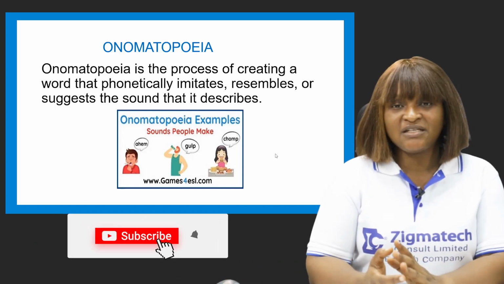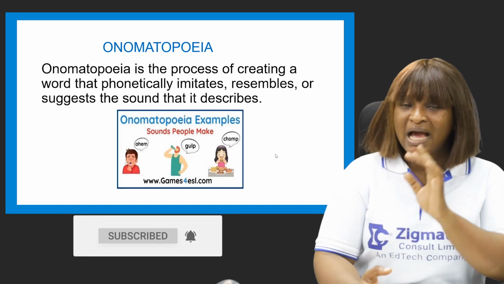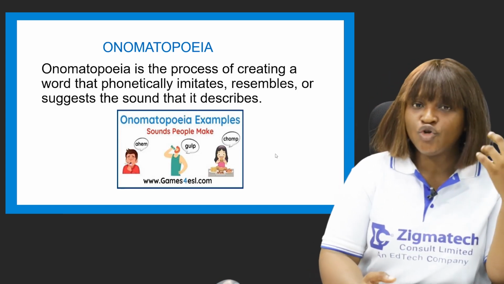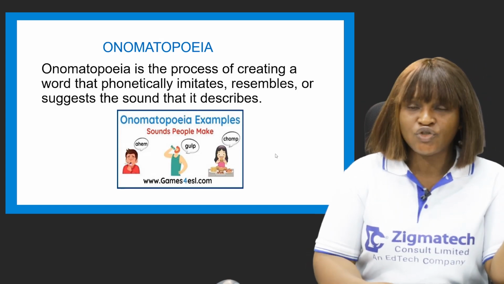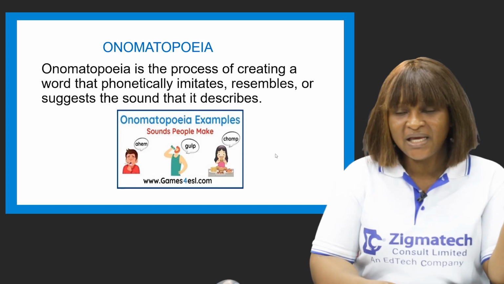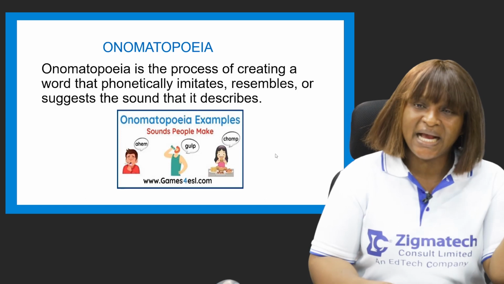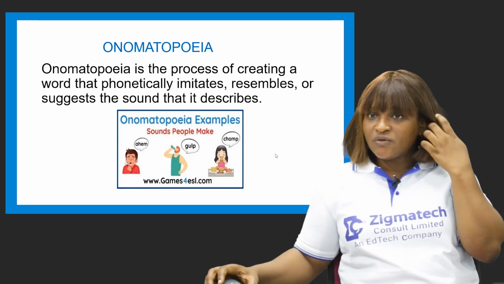There are certain things that once you hear the sound, you can quickly attribute it to a thing. I'm certain that if you hear the dog barking, you will know that it's a dog. So at that point you are applying the figure of speech called onomatopoeia. When you say the barking dog, that is what? Onomatopoeia.